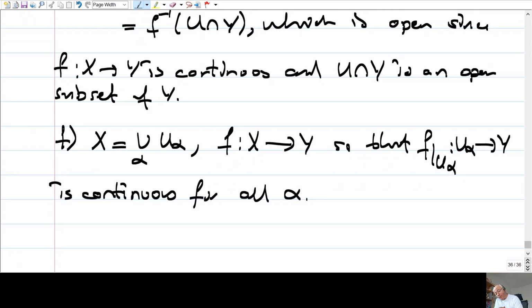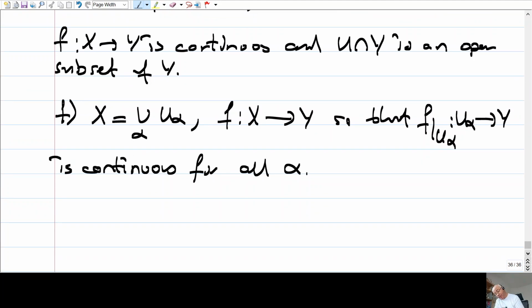Okay, then we want to show that f is itself continuous. So if f is continuous on every open set, and if these open sets cover the whole space, then f is continuous. Okay, how can we check this?